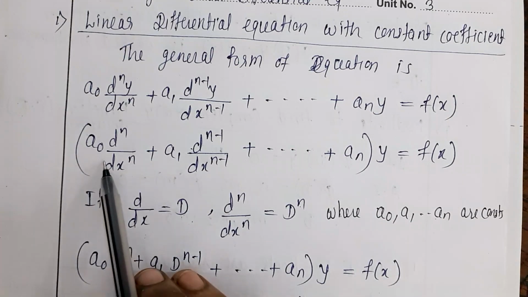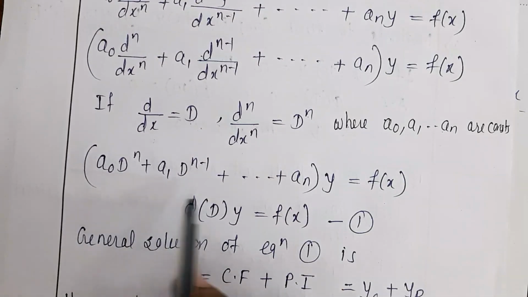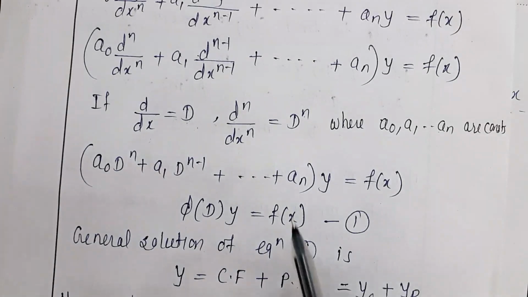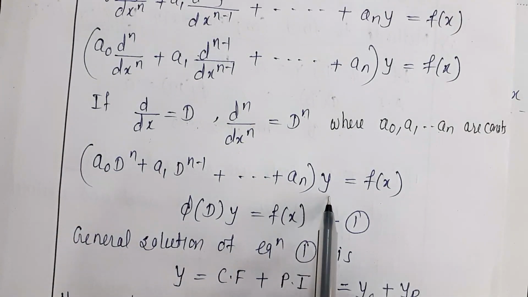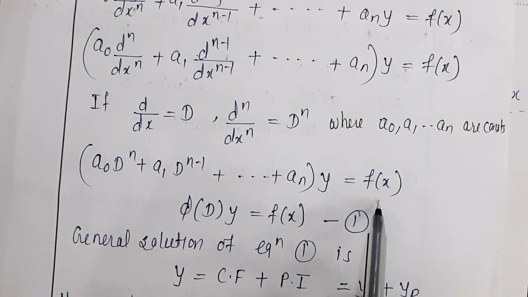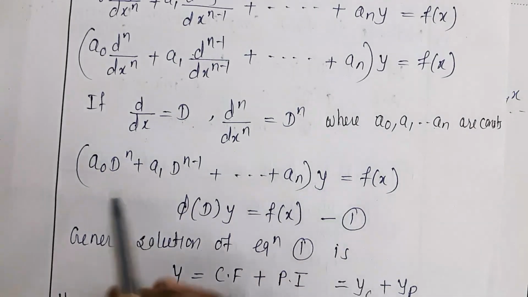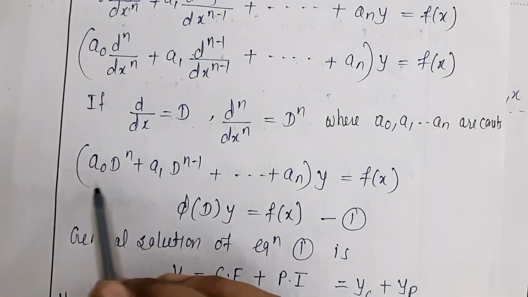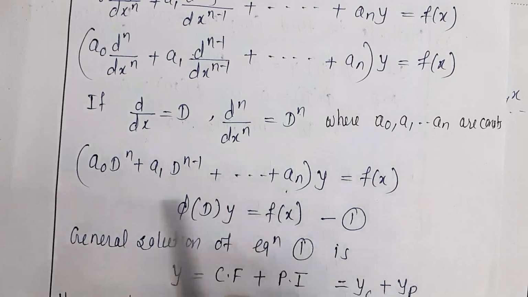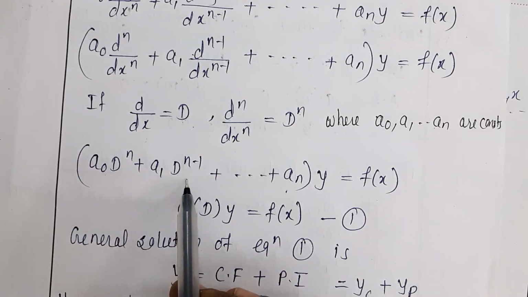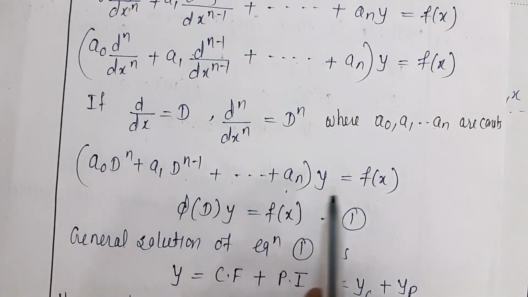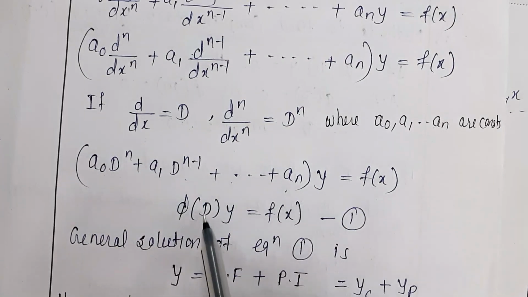So this equation becomes a0 D^n plus a1 D^(n-1) plus and so on, an, multiplied by y, equal to f of x. Since the whole term is in terms of D, D^n, D^(n-1), D^(n-2) and so on, we denote it by phi of D multiplied by y equal to f of x.